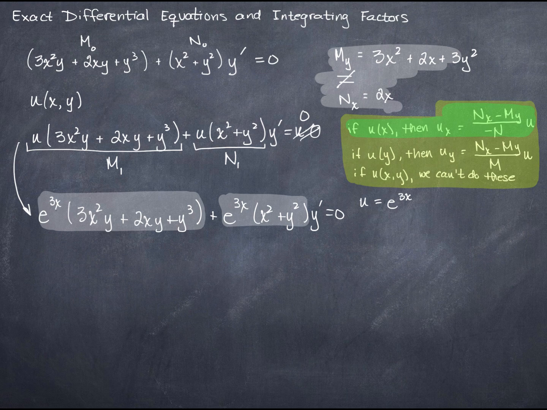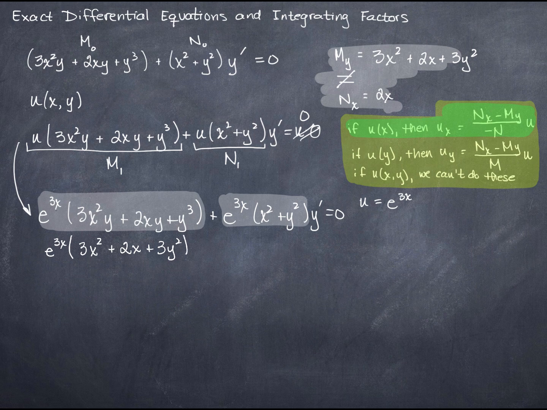So the derivative of the left expression with respect to y is the first, this is a product, right, times the derivative of the second with respect to y. 3x squared is a constant, so it's a coefficient. Plus 2x is a constant, so it's a coefficient. Plus 3y squared.